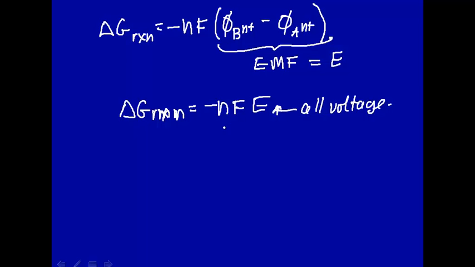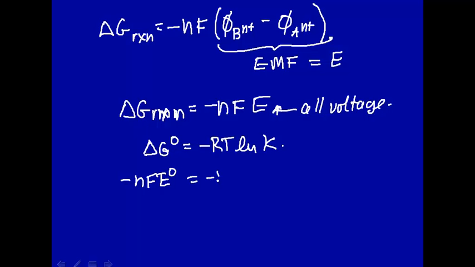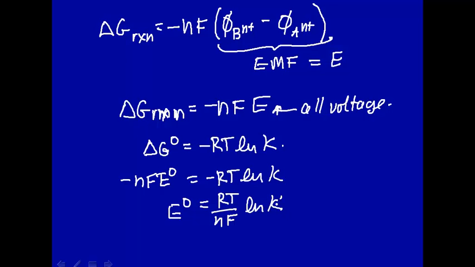All right, so let's just do some things here. Remember that delta G0 was equal to minus RT times the natural log of K. Well, oh look, we can just replace that with minus nF E0, the standard state, is minus RT times the natural log of K, or in other words, E0 is just equal to RT over nF times the natural log of K. Well, there we go.